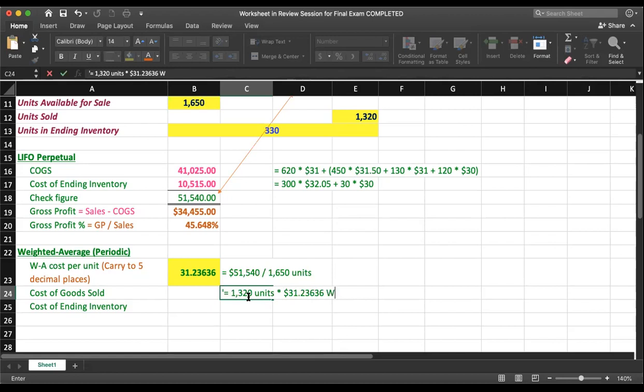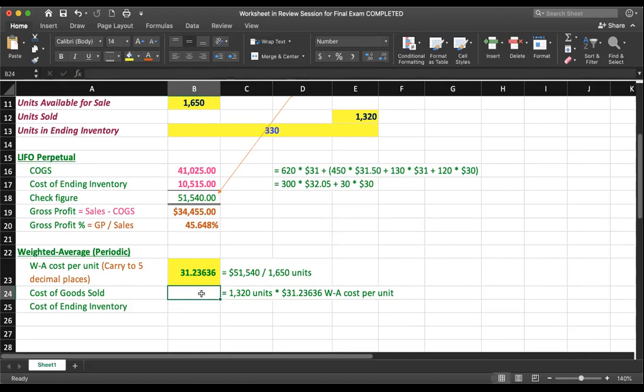So we take the 1,320 units that were sold multiplied by this, and our cost of goods sold now is 41,232.